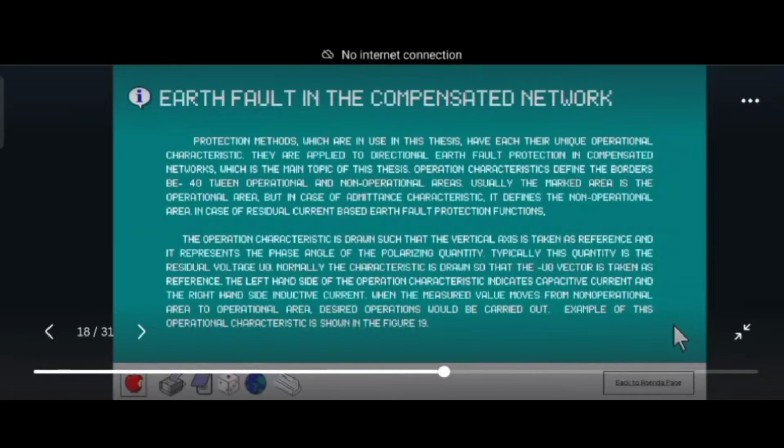The left-hand side of the operation characteristic indicates capacitive current and the right-hand side inductive current. When the measured value moves from the non-operational area to the operational area, the desired operation is carried out. An example of this operational characteristic is shown in figure 19.